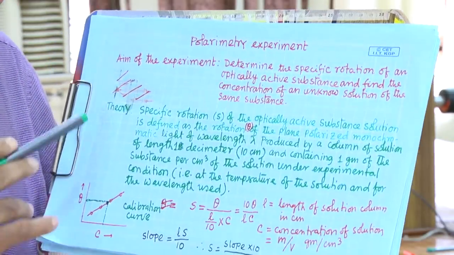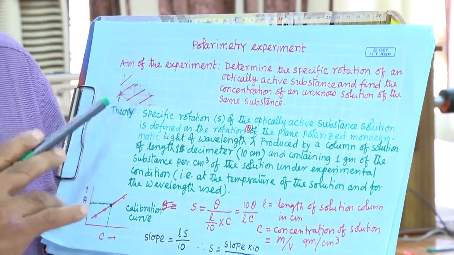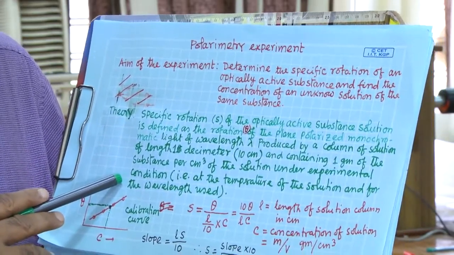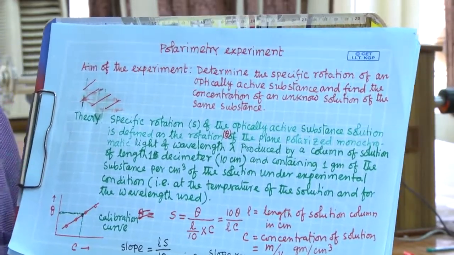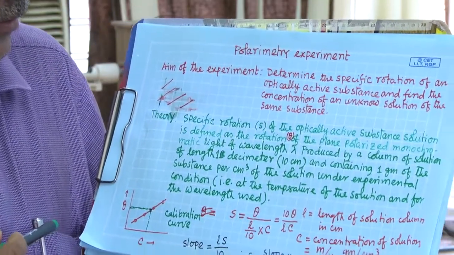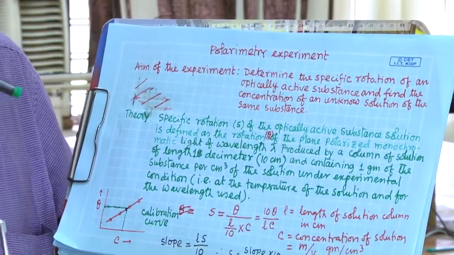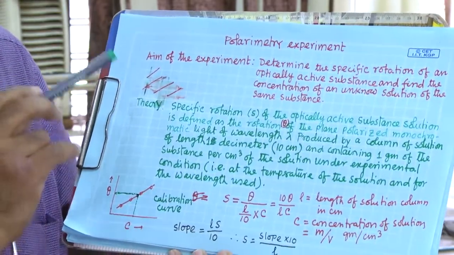Okay. So, the theory for this experiment is very simple. If we know the definition of specific rotation, then the working formula we can easily derive.